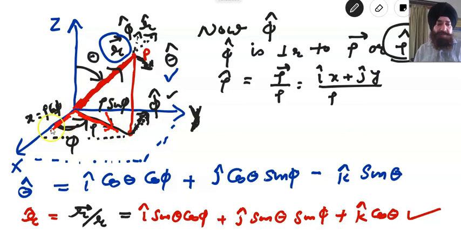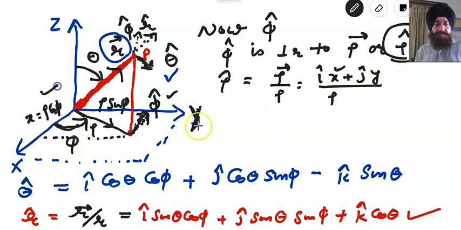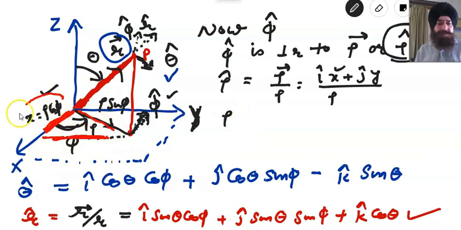According to the triangle law of vector addition, this vector is this vector plus this vector: i cap x plus j cap y. Now this is the base, this is the perpendicular, this is the hypotenuse.